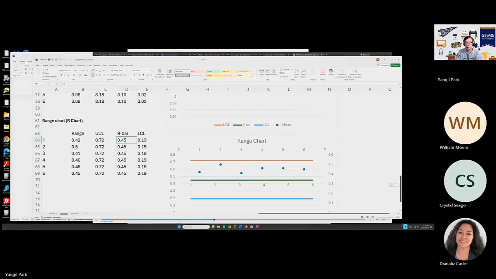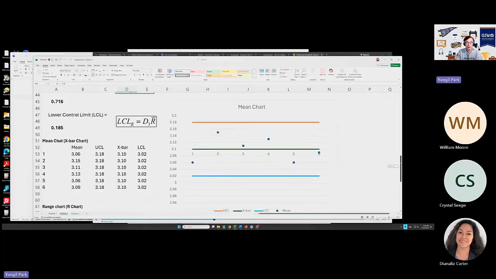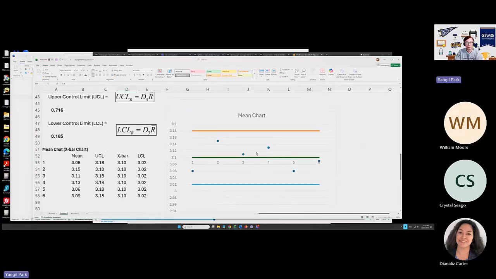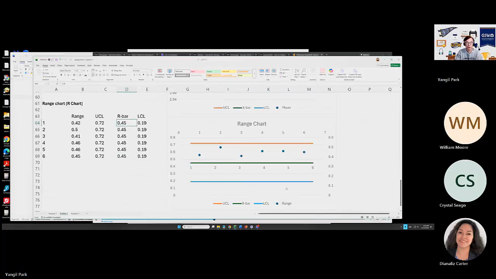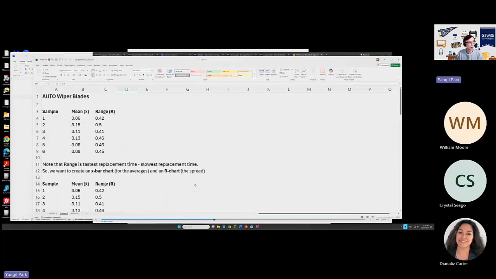The conclusion is that you can see both of them are within the limit, right? In the first mean chart, all those sample means are within. Same thing, the ranges are within, so it doesn't go over either the top or bottom limit. So they are in control.